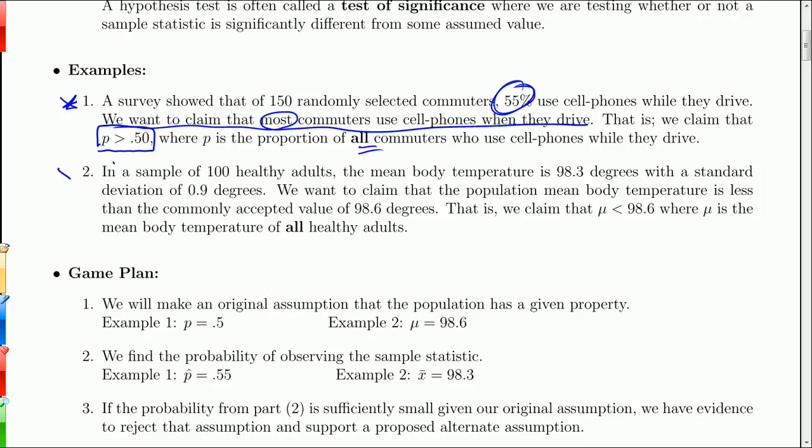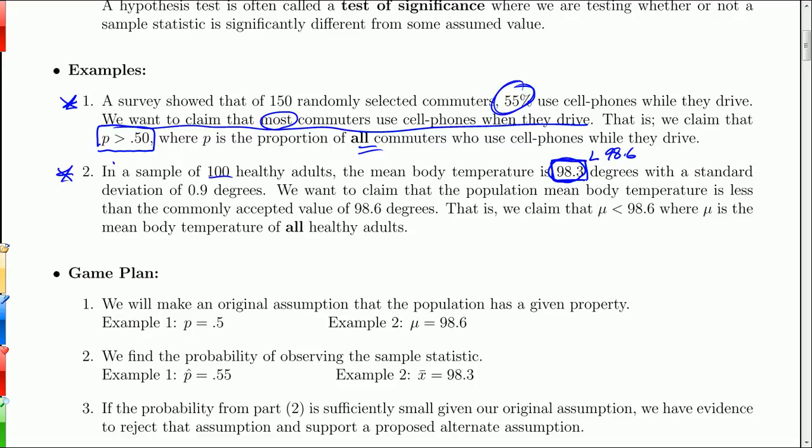Okay, for number 2, we have a sample of 100 healthy adults. The mean body temperature from that sample is 98.3 degrees, with a standard deviation of 0.9. By the way, 98.6 is the conventional healthy body temperature, and 98.3 came from our sample, and you'll notice that our sample mean is below the conventional 98.6 value.